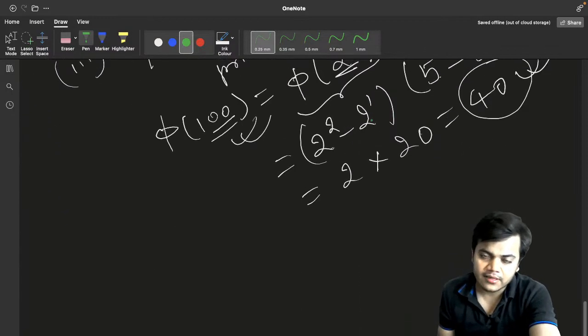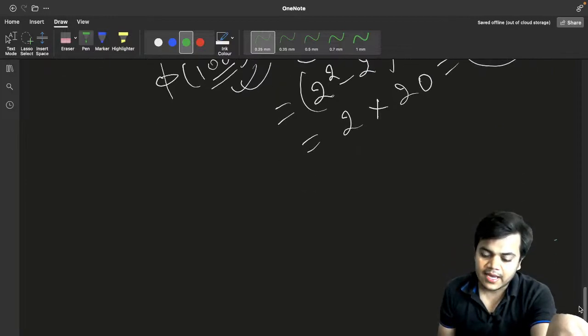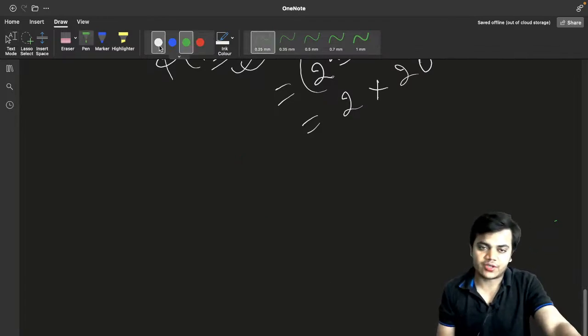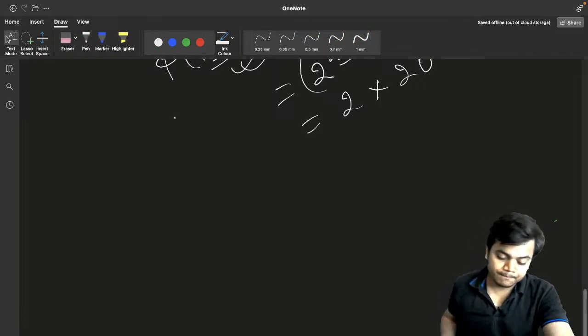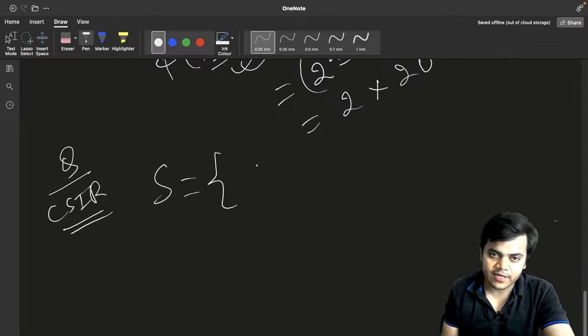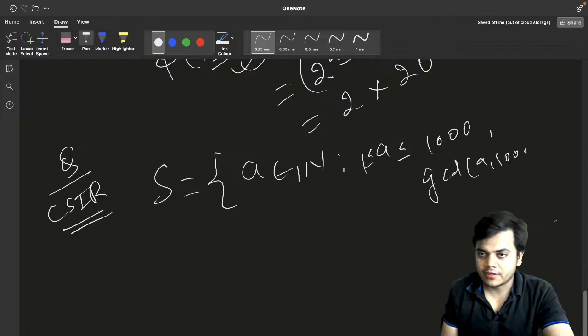So now here is a very simple question of CSIR NET. I am just going to ask, and thereafter we will discuss some properties of Euler's phi function. Okay, so yes, the question was asked in CSIR. I am just going to write: set S was given, A belongs to naturals such that A lies between 1 to 1000 and the GCD of A and 1000 was 1.